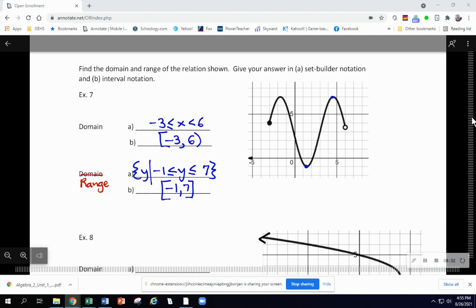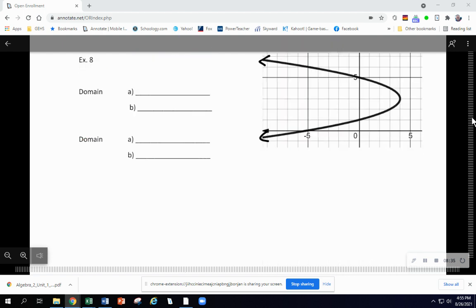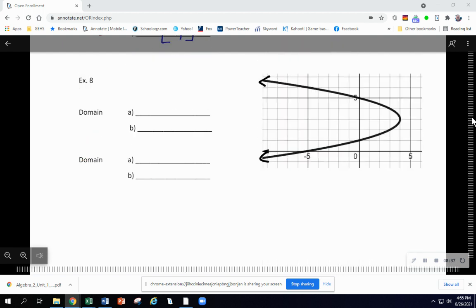Okay, let me give you another example of that. And once again, I have to change this. It should say range there. So we're going to first look at this, trying to decide what x values are on this graph. Well, if you go this way, you can go forever to the left.